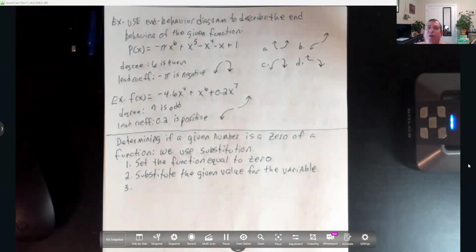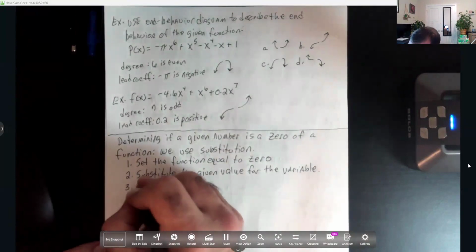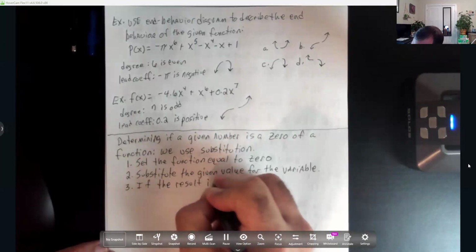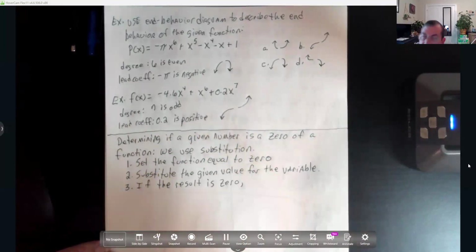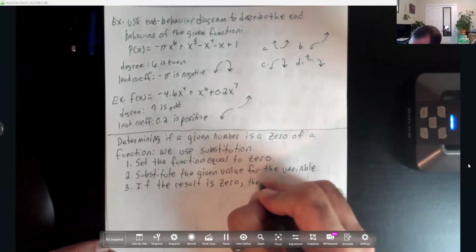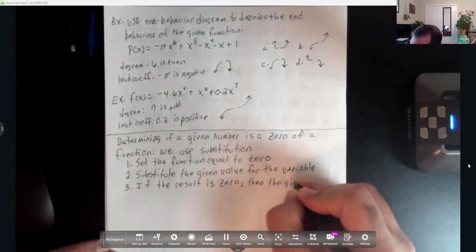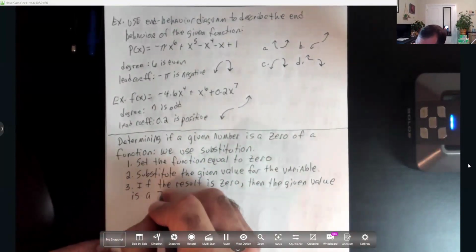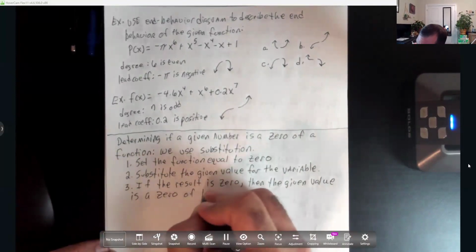And this is just a way that you can check yourself later on when we actually do these zeros. I'm going to substitute the given value in for the variable. If this equals 0, so if the result is 0, then the given value is a zero of the function.